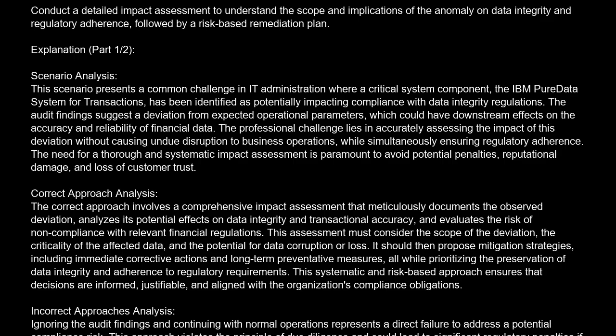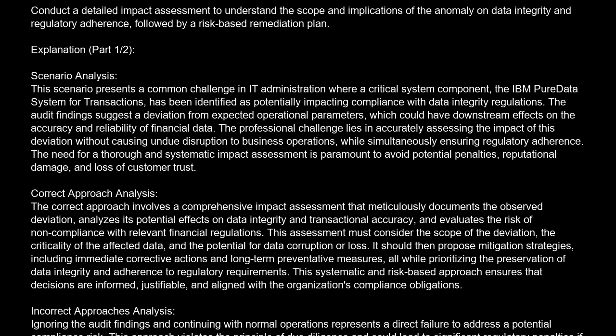It should then propose mitigation strategies, including immediate corrective actions and long-term preventative measures, all while prioritizing the preservation of data integrity and adherence to regulatory requirements. This systematic and risk-based approach ensures that decisions are informed, justifiable, and aligned with the organization's compliance obligations.